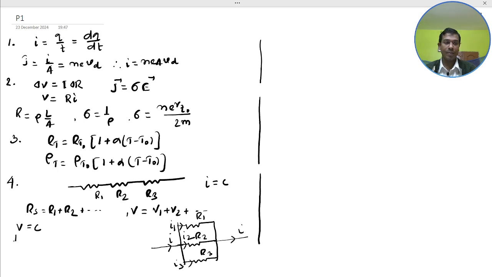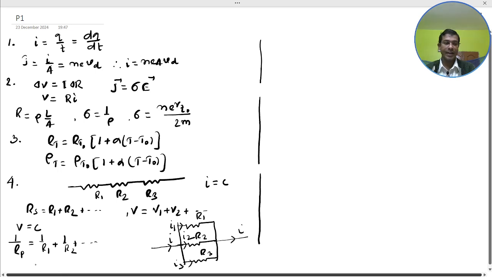So 1 by R parallel, Rp, is equal to 1 by R1 plus 1 by R2 plus so on. And the current I becomes I1 plus I2 plus so on.